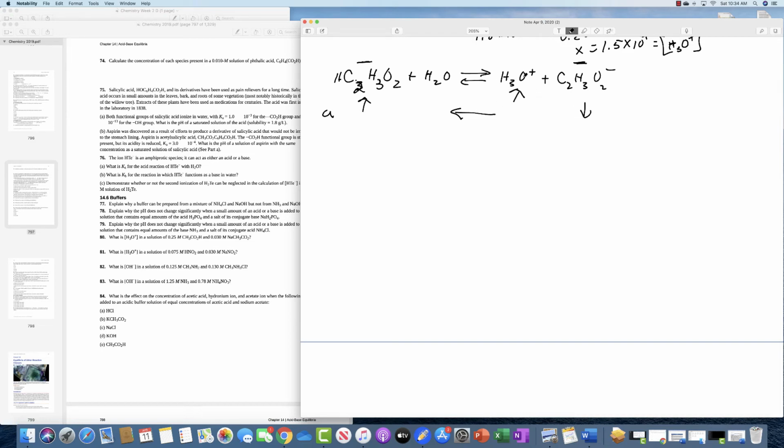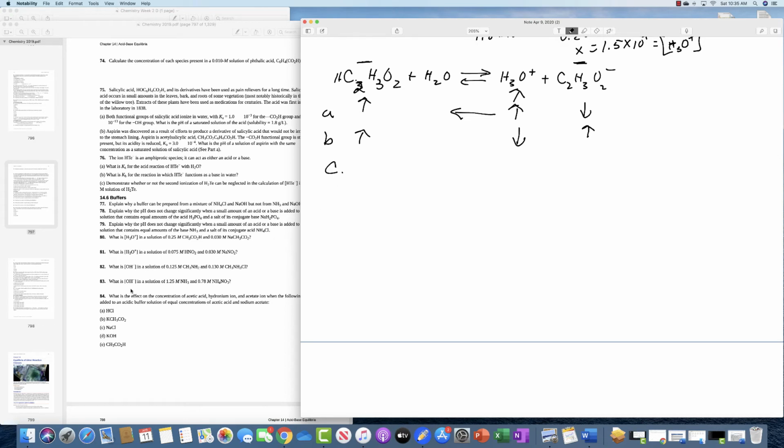Depending on how much of this is added, this will be consumed by the shift, but most likely this will be increased because you're adding acid. If you add acetate, which is what this is, then you're increasing this. This will shift this way, so you're going to decrease this and increase this. This is all Le Chatelier's principle.